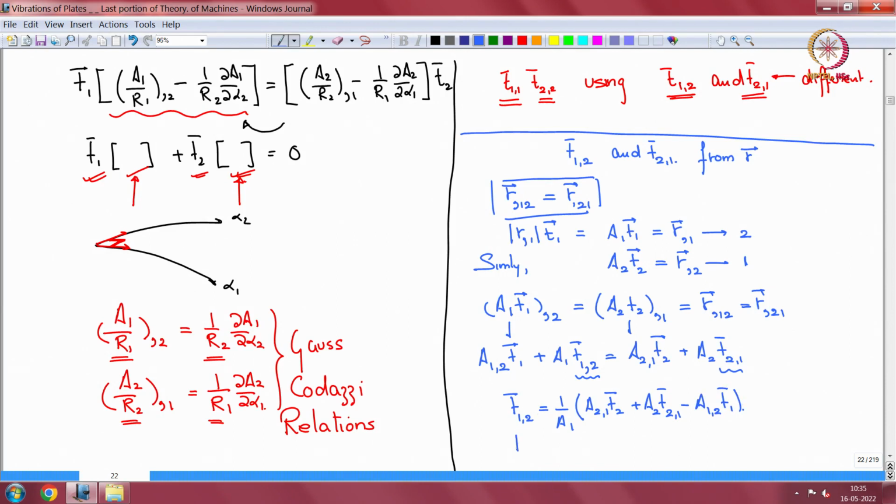Also T2,1 is equal to 1 by A2 times A1,2 T1 plus A1 T1,2 minus A2,1 T2.